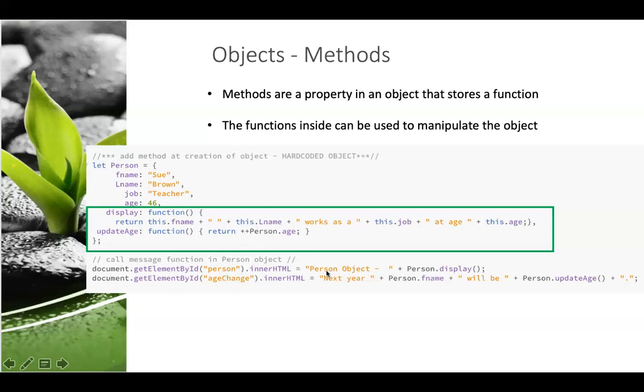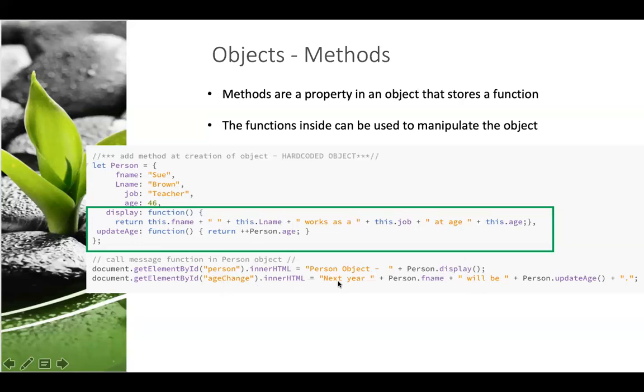And basically what it put out on that page was person object dash, and then it ran the display function right here. So that whole thing I just told you, Sue Brown works as a teacher at age 46, would actually go into the ID on the HTML page, if you can understand that.